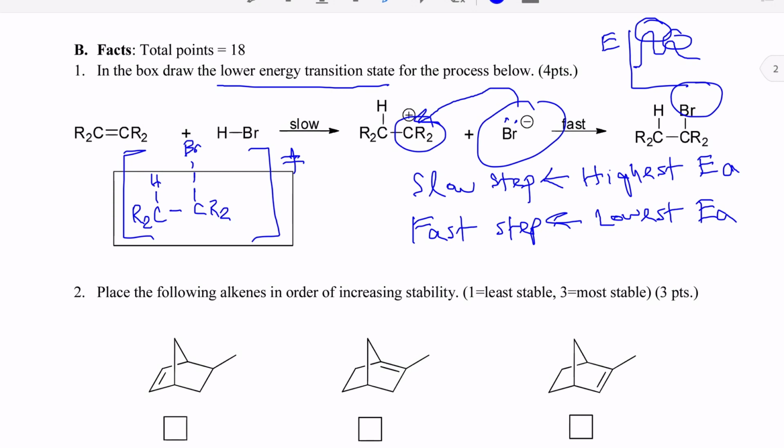Since we know that the bromine is the negatively charged component that's reacting with the tertiary carbocation, we have to put a partial negative sign on it and a partial positive sign at the carbon, since that was initially charged. So this gives us our lower energy transition state for this process.